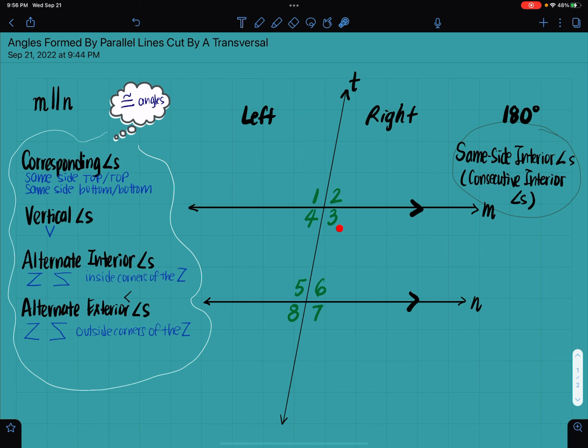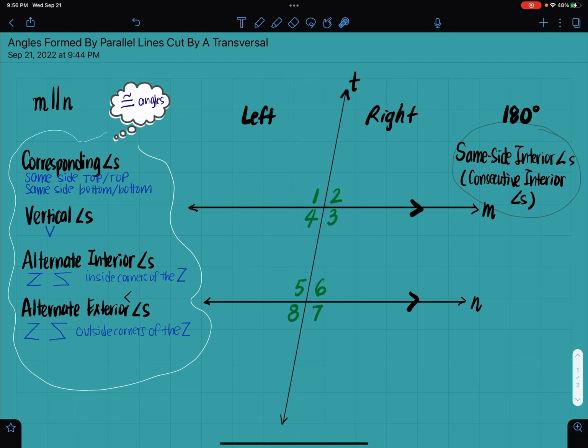So angle 3 is congruent to angle 7. Same idea on the left, same side, top, top. So angle 1 is congruent to angle 5. And same side, bottom, bottom. Angle 4 is congruent to angle 8. So those are corresponding angles.